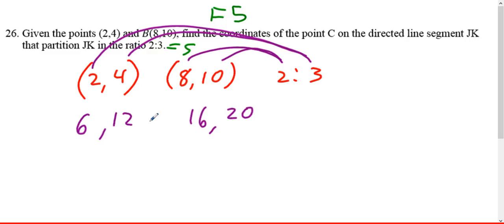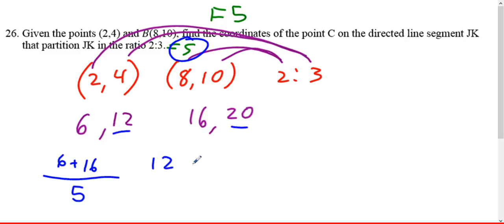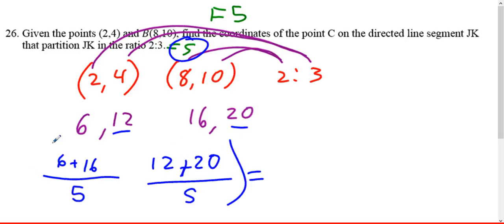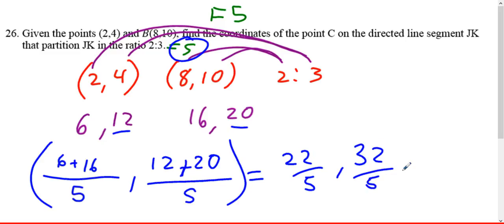So we're going to add our 2 x points, 6 plus 16, and divide by 5. And then we add the 2 y coordinates, 12 and 20, and also divide by 5. That's 22 over 5 and 32 over 5.